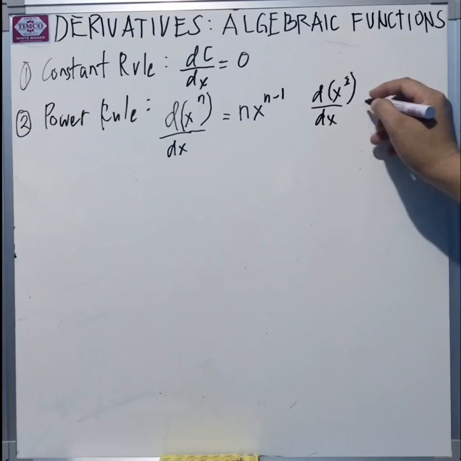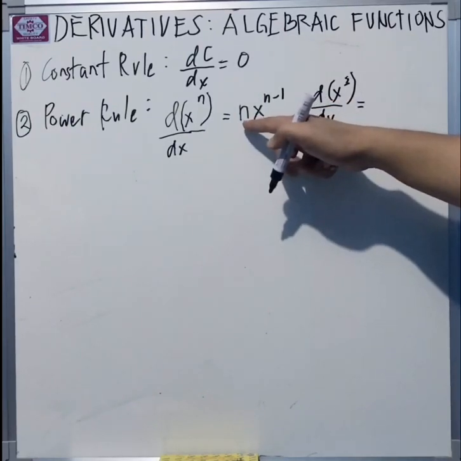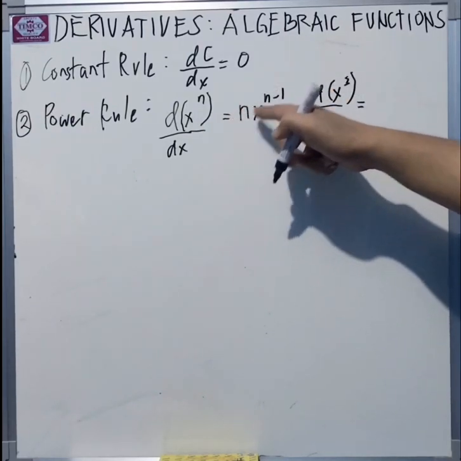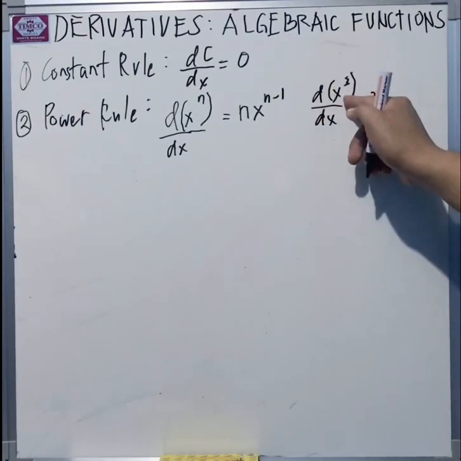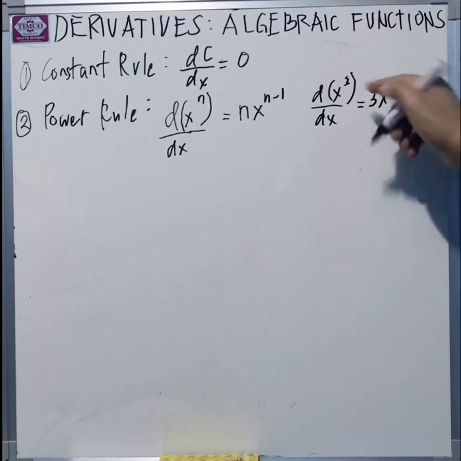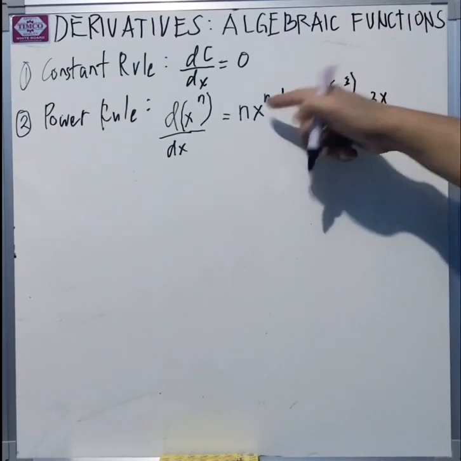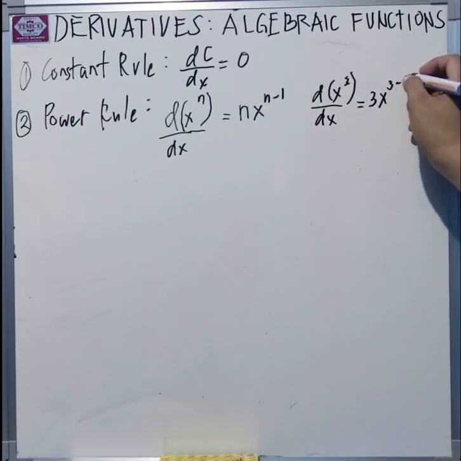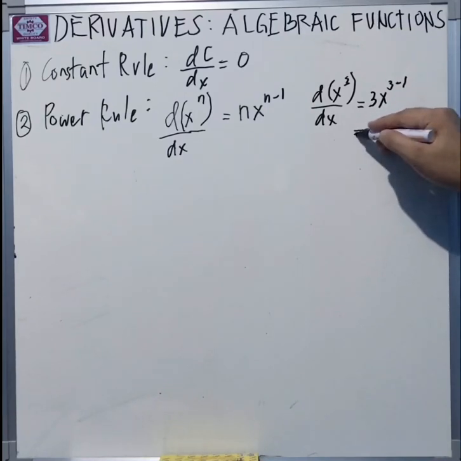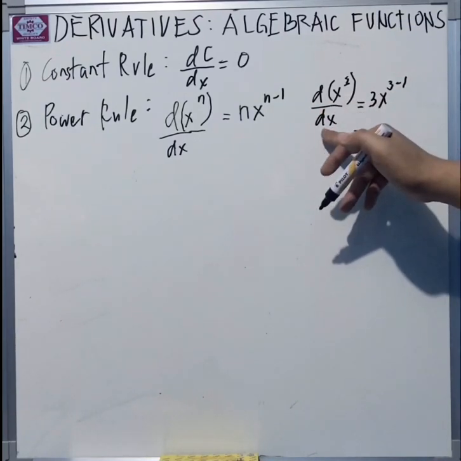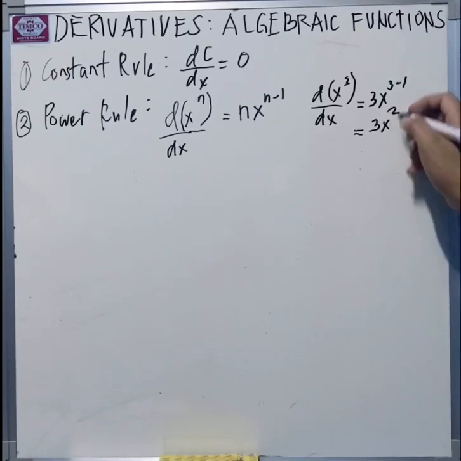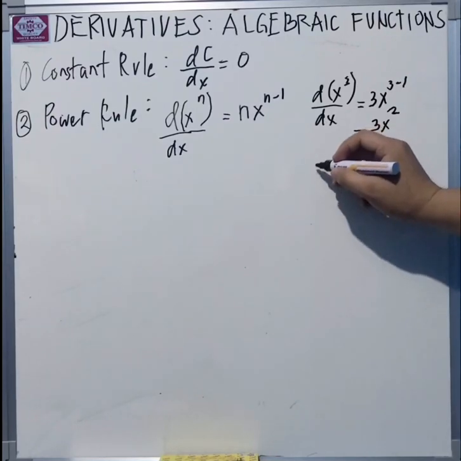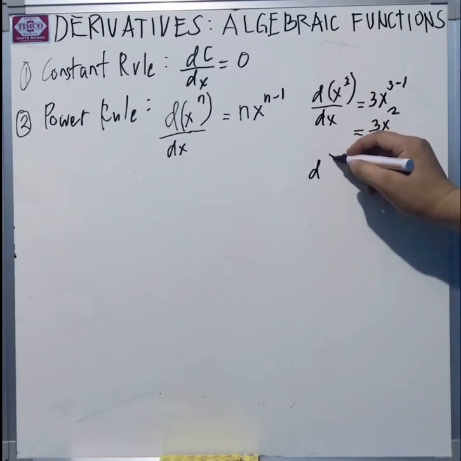It is equal to n of 3 multiplied by the variable x raised to the power n minus 1. So the derivative of x cubed with respect to dx is equal to 3x squared.